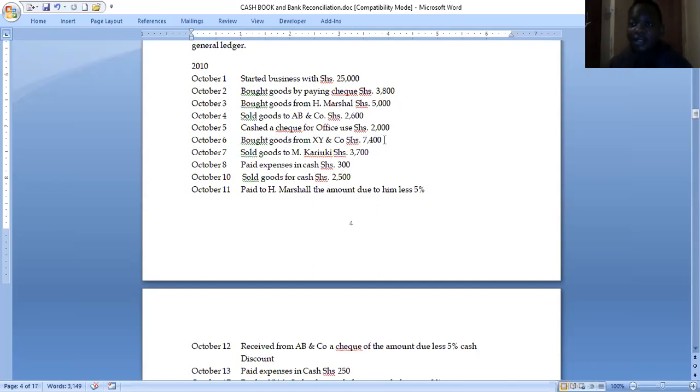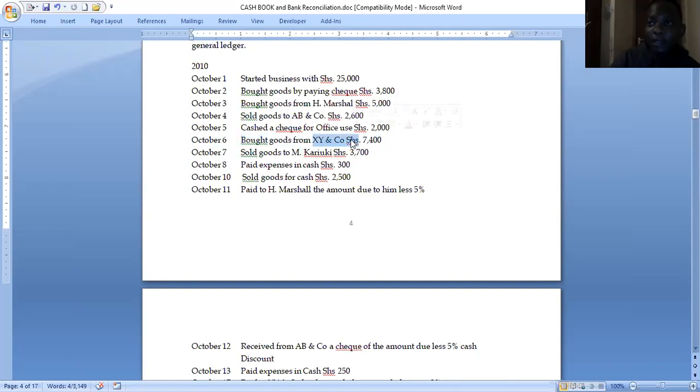If the transaction doesn't say whether the purchase was made by cash or bank, then we assume it's a credit transaction. So in this transaction, the two accounts we have are purchases and XY and Company. So there is no cash or bank.